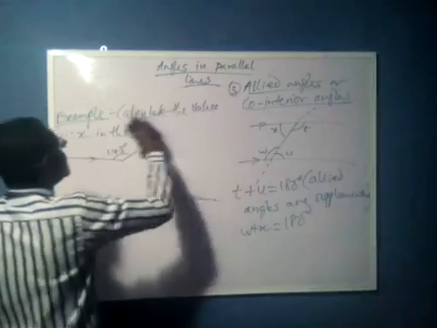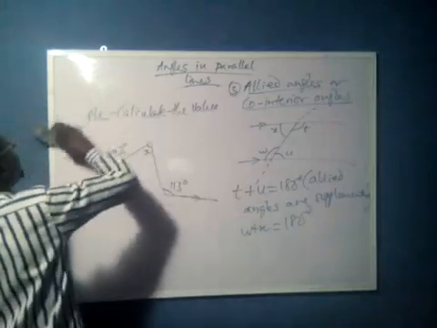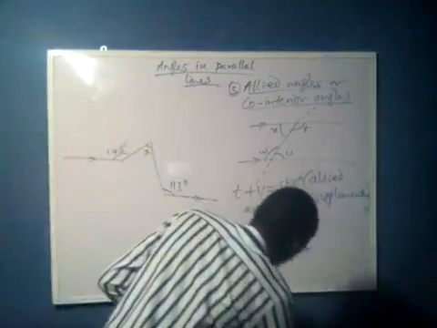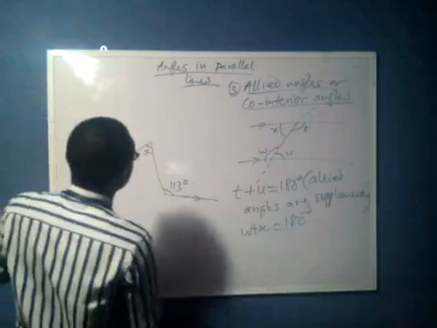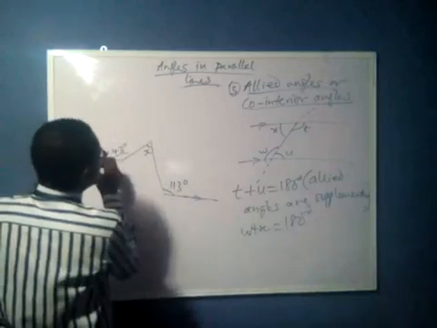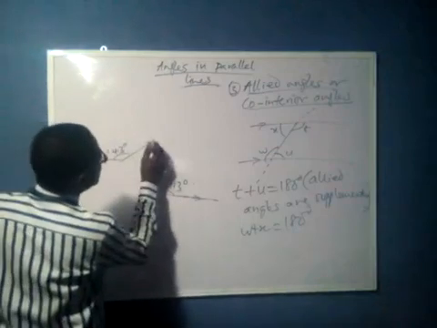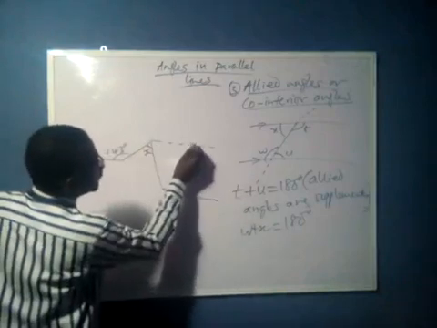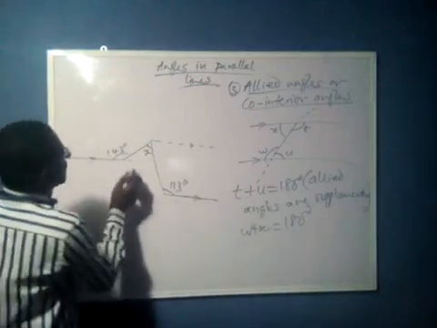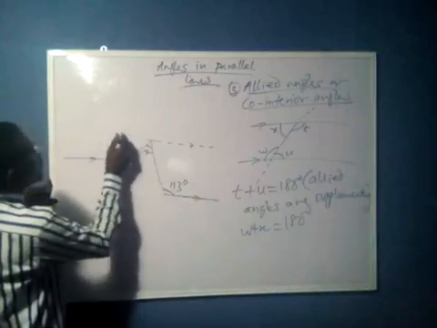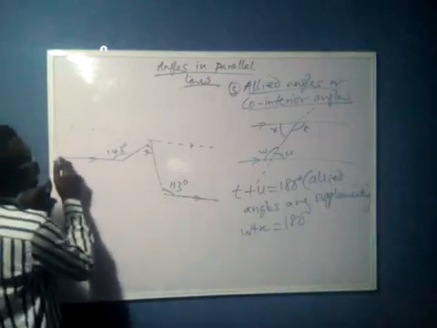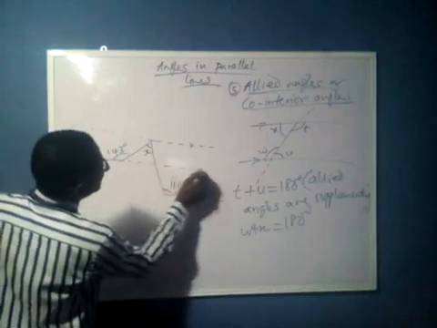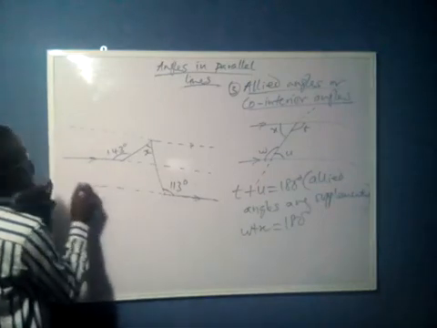Let me create another one which can enable us to calculate what we need to calculate here. We can form this one here parallel to this. We can elongate it backwards. We discover that this one too can go this way. We can also elongate this.